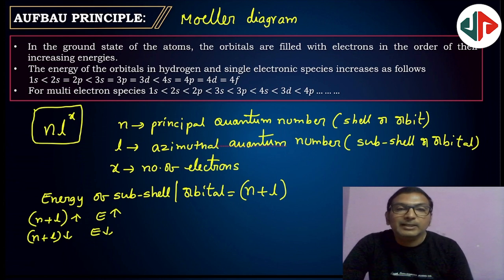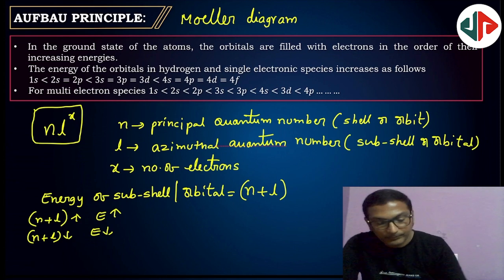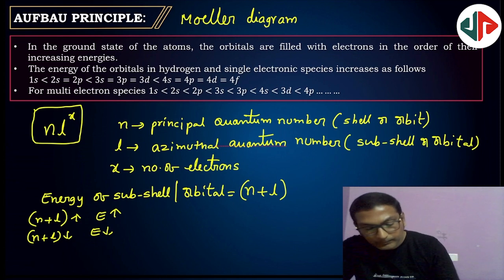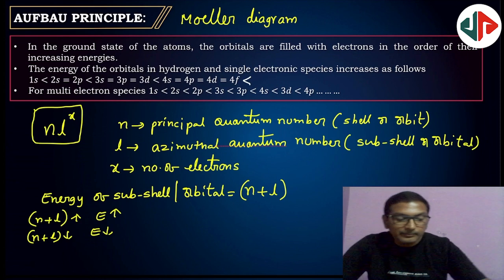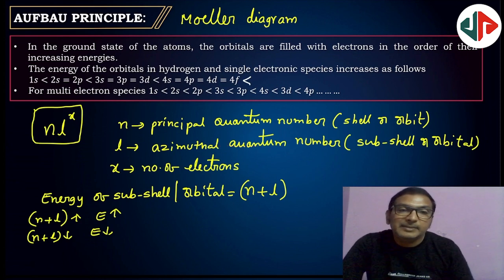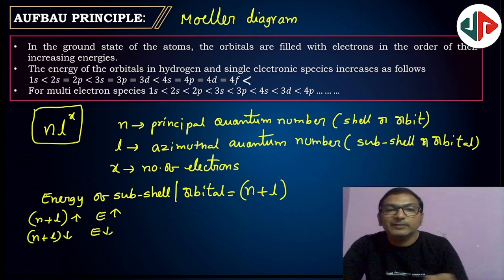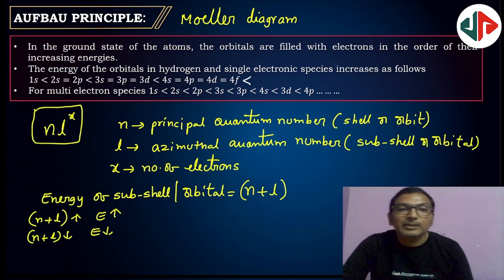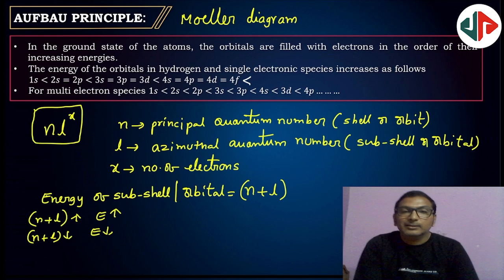For hydrogen atom, energy will be 1, less than 2, less than 3, less than 4, and so on. For remaining atoms, follow this order: 1s, 2s, 2p, 3s, 3p, 4s, 3d, and so on. Increasing order of energies of different subshells. So according to Aufbau principle, we have to fill electrons in different subshells or orbitals in increasing order of their energies.